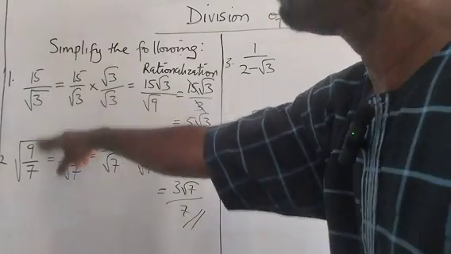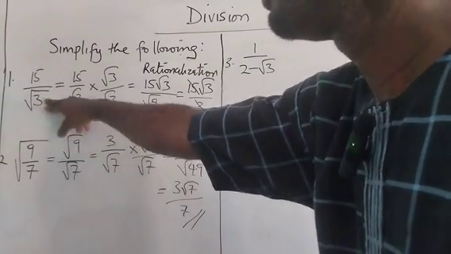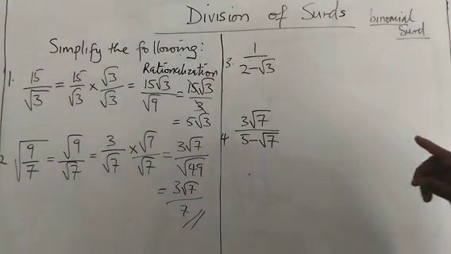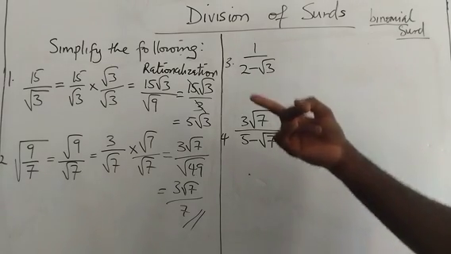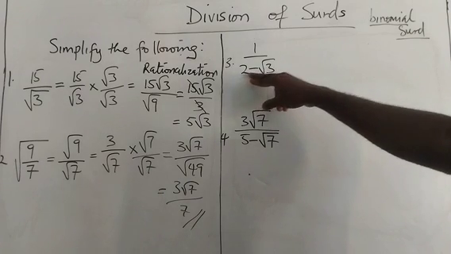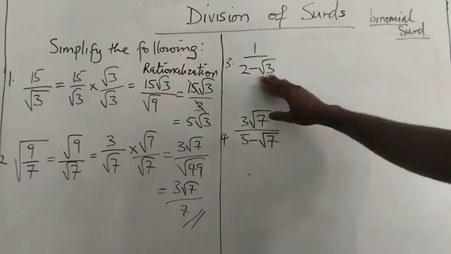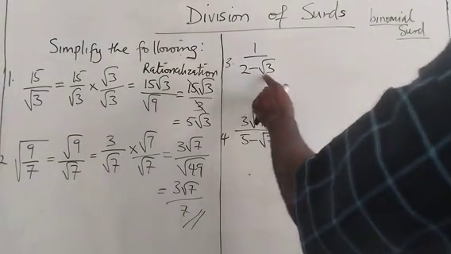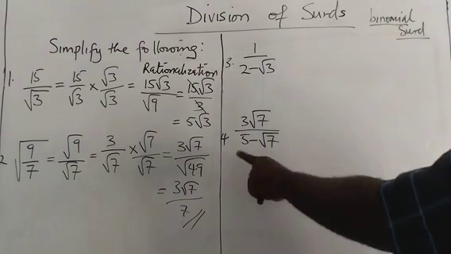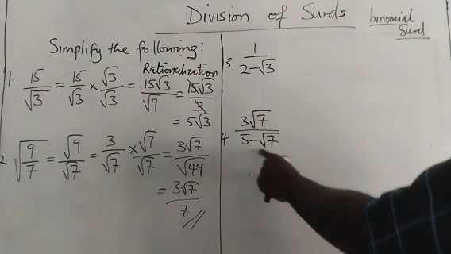These ones are monomial denominators. Single denominator. When it is 1, it's monomial. When it is more than 1, like 2, we call it binomial denominator. So 2 minus root 3 is a binomial surd. 5 minus root 7 is a binomial surd.